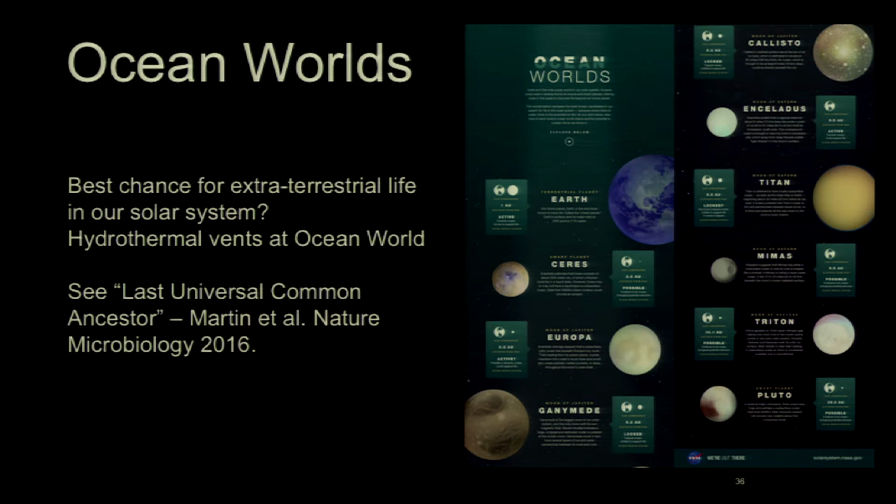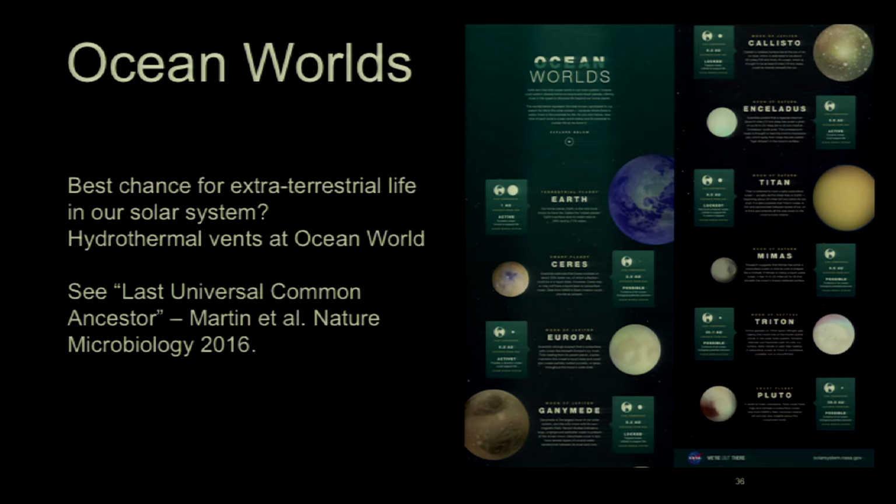As we now know, there are a large number of worlds in our solar system that have liquid oceans. It's mind-boggling. We can go anywhere from Earth, of course, to Europa, Enceladus, Titan. Now Pluto is considered a very likely candidate to have an ocean underneath it, based on the fractal structure from the New Horizons data.